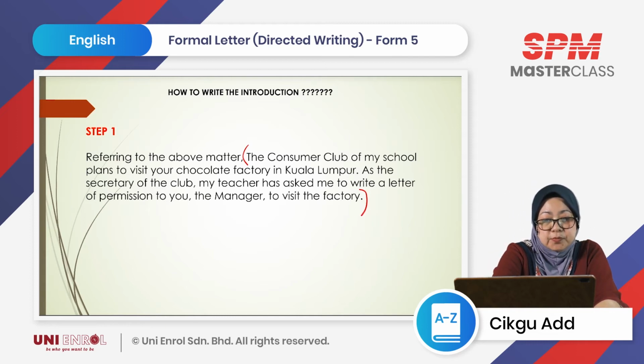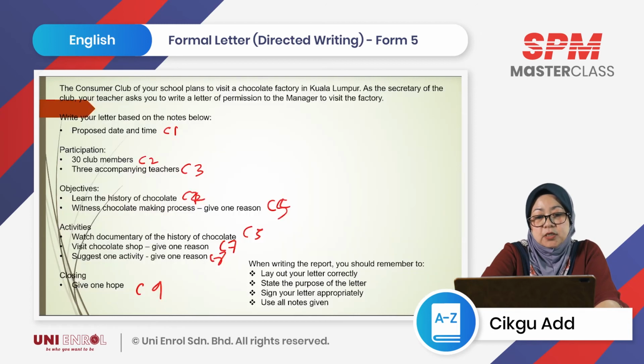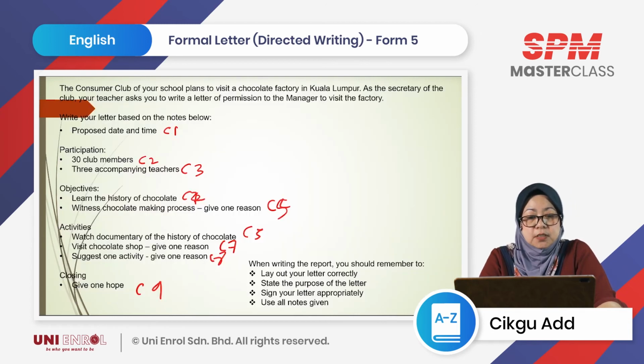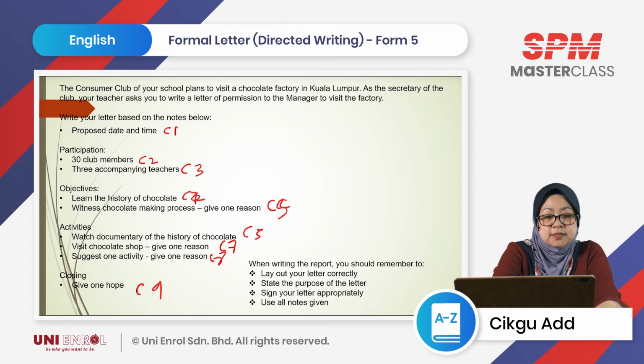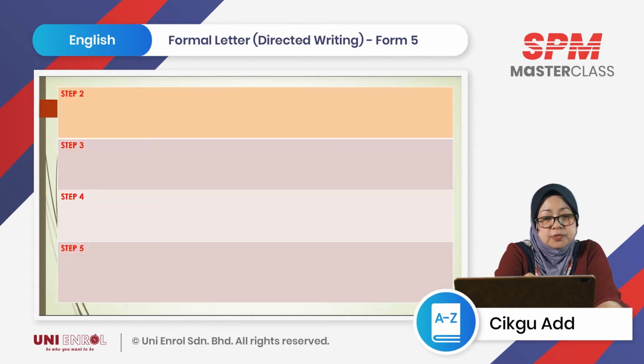My second step would be separating the contents into paragraphs and using the logical connectors. For my step 2, I'll be using firstly. My step 3 is next. My step 4 is finally.